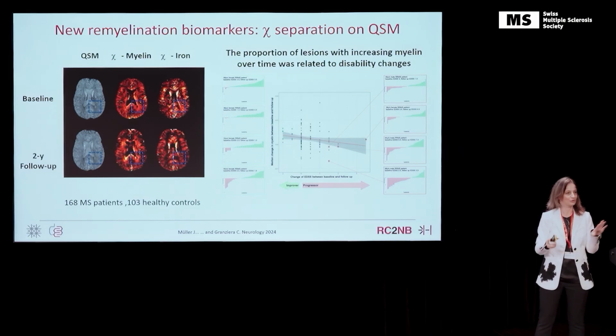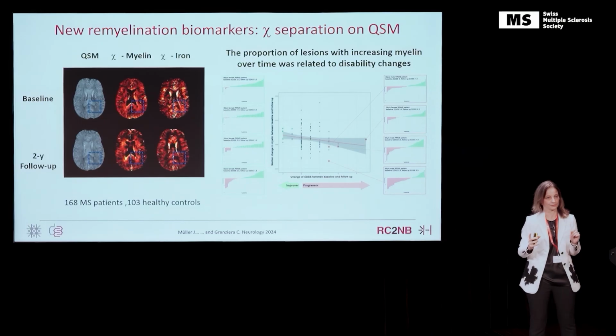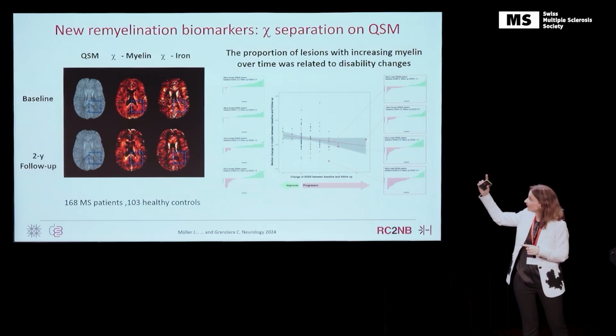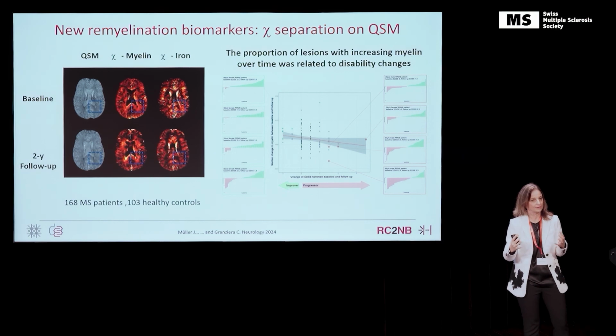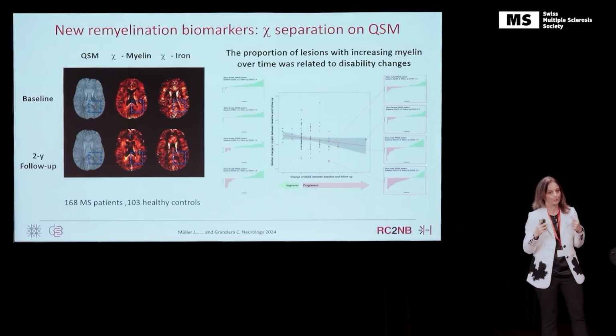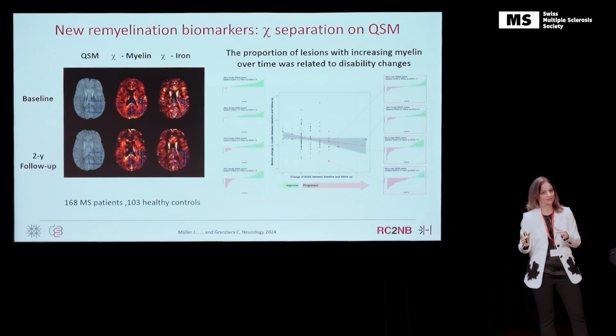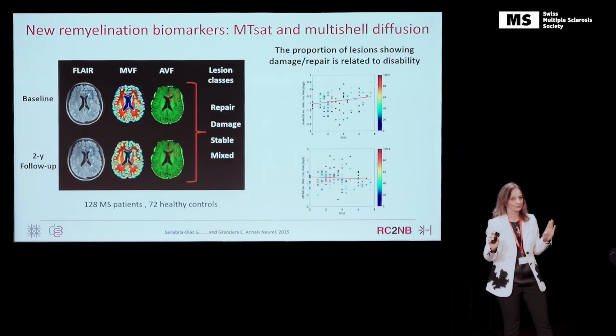This is the study of Janis Müller, who's also here in the audience. In the other part, there are the improvers, the ones who get better. And again, in red, the bad lesions, and in green, the good remyelinating lesions that are increasing myelin over time. What you notice is, again, that the proportion of lesions seems to cluster with the clinical behavior. Different approach, same results.